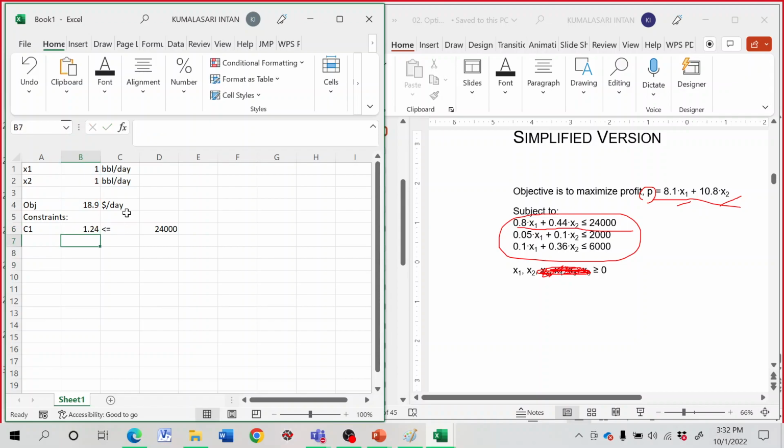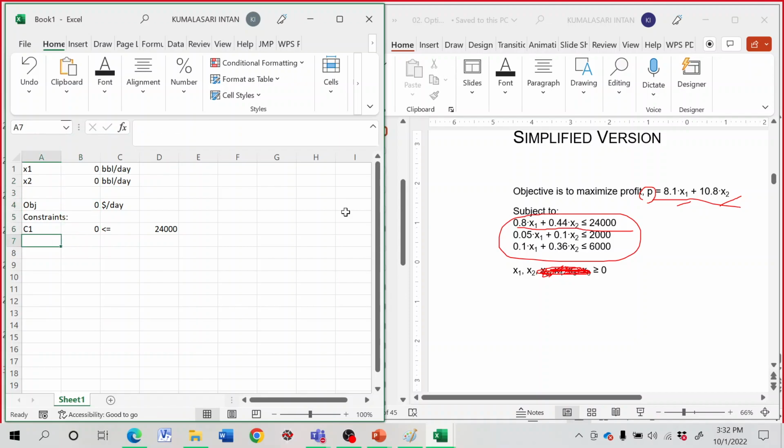If you put 1 barrel per day each, obviously it's 1.24, because you add 0.8 plus 0.44. If you put 0 for one, you get only the other term. If we don't know, just put 1. That means we're not making any profit. So that's basically what this is.